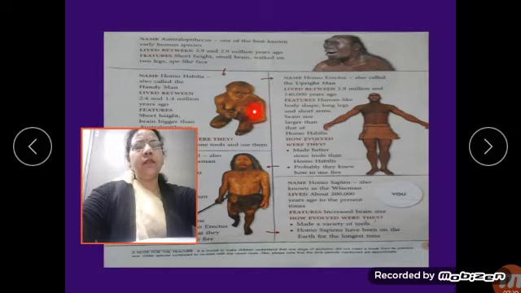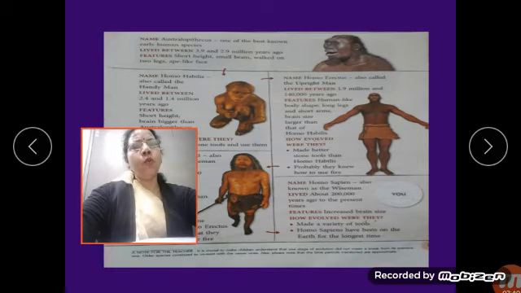This is the face of Homo habilis. They are also called the handy man. They lived between 2.4 and 1.4 million years ago. Features: they were short in height, just as you saw that Australopithecus also had short height.